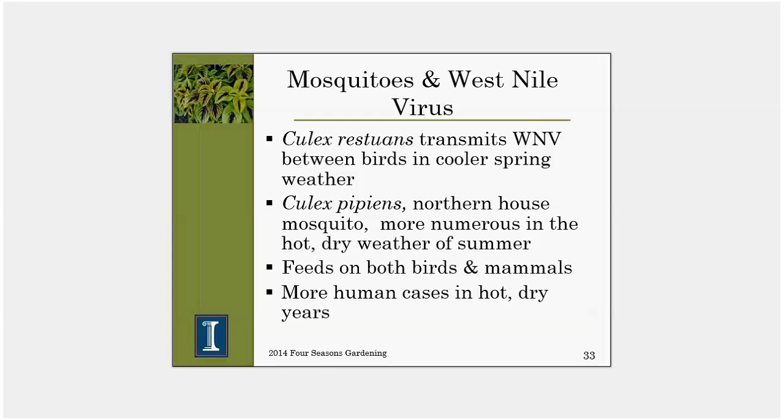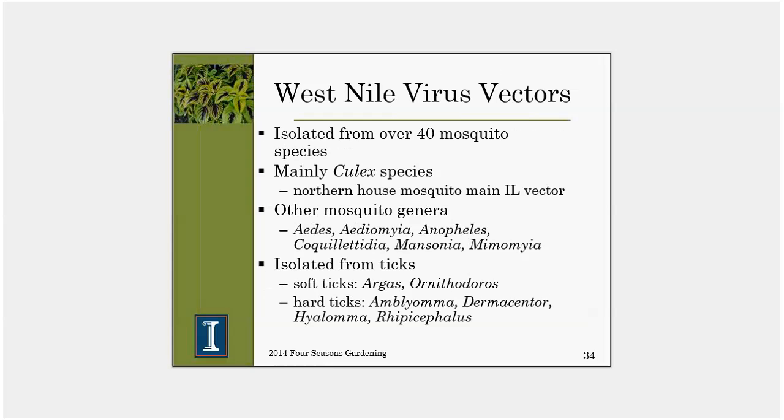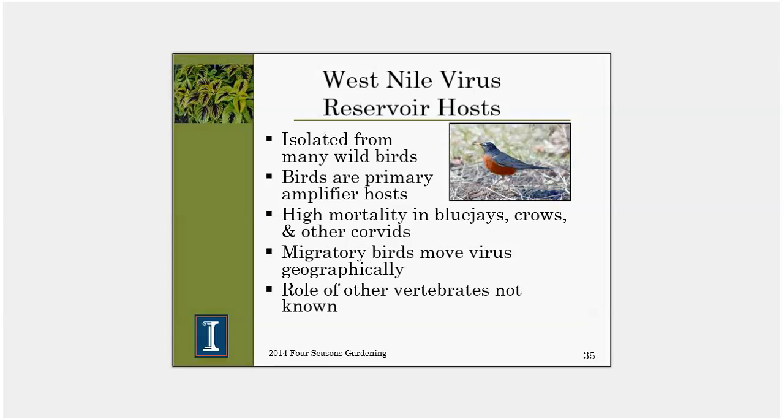And West Nile virus is not just transmitted by northern house mosquito, but many different types of mosquitoes, including other genera. It can also be transmitted by ticks, but in Illinois it's primarily northern house mosquito we worry about. Its reservoir are essentially most wild birds, and they're what we call amplifier hosts from our standpoint.